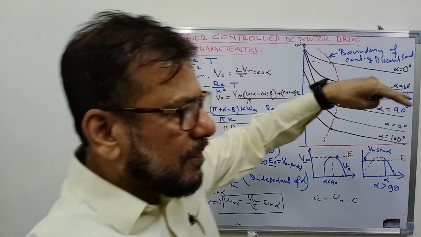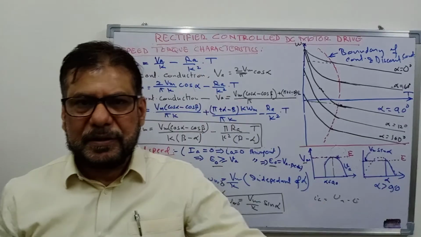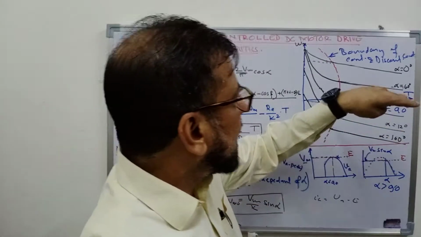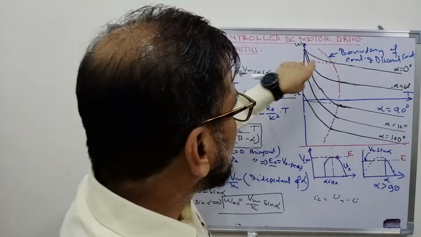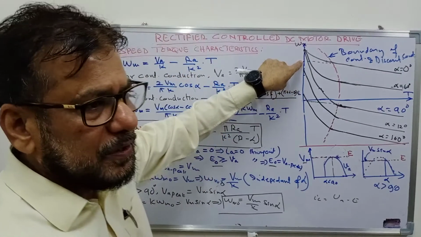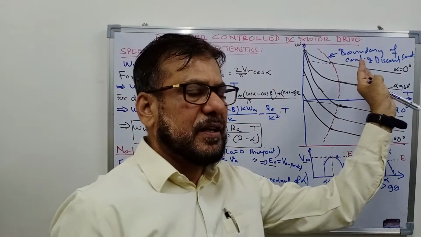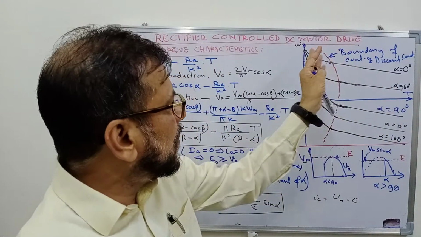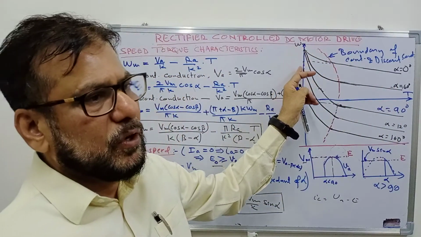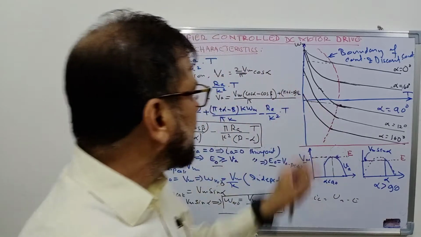That is when we give the motor the normal DC supply. In that case, for this average voltage, this would have been the no load speed. But because of discontinuous conduction, the characteristic becomes non-linear and the no load speed will be higher than the normal no load speed. So this is the case.